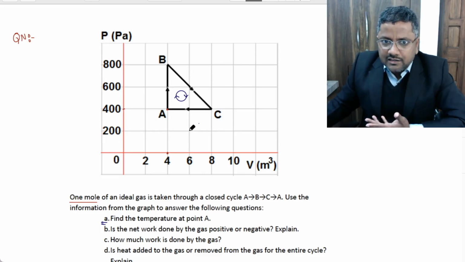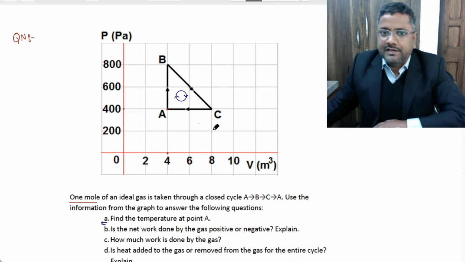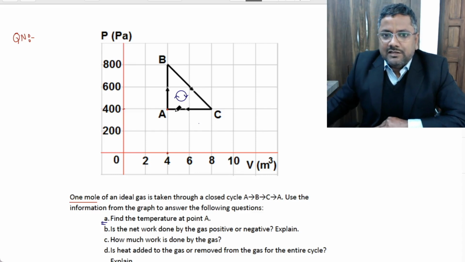So area under this curve is more, and when you move C to A, the work is this area under the curve, if you use this method of area under the curve. So basically this is compression work, and compression work is positive, and this is negative.